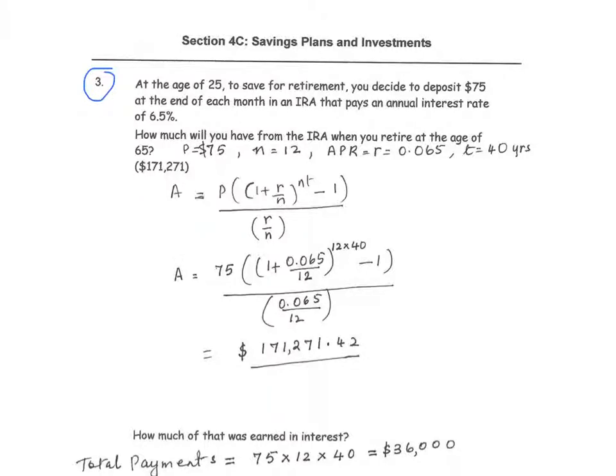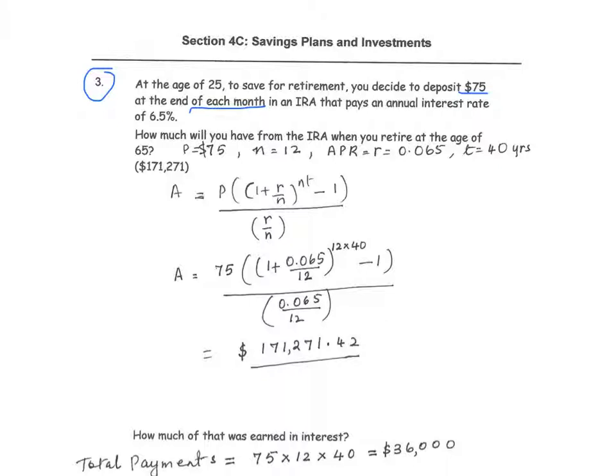Another one of the same type of problems. These type of problems are important, so I have done 4 of these problems where we either have to find the accumulated amount or the periodic payment. So at the age of 25, to save for retirement, you decide to deposit $75 at the end of each month. So the minute we see this, a monthly deposit of $75, it's a periodic deposit.